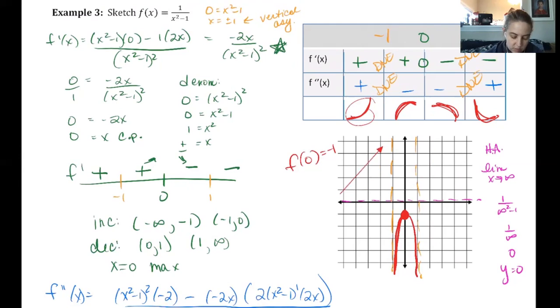Or does it look better down here in quadrant 3? Quadrant 2 or quadrant 3, based on those asymptotes that we have.